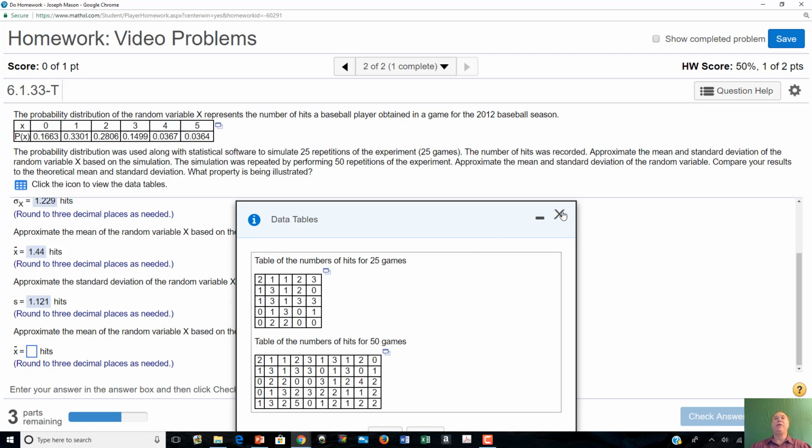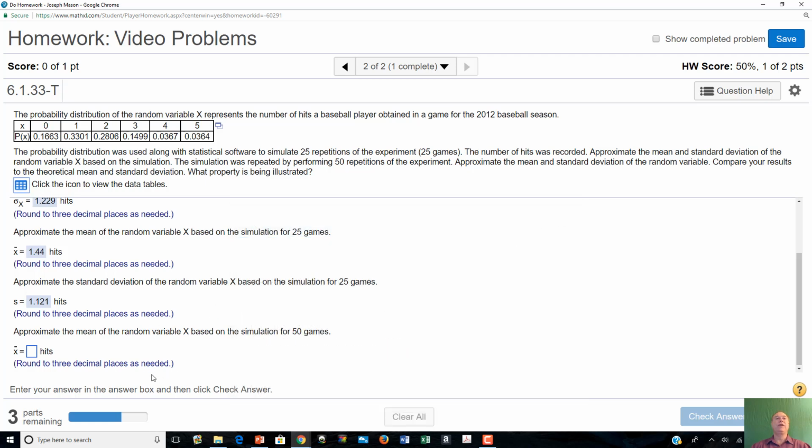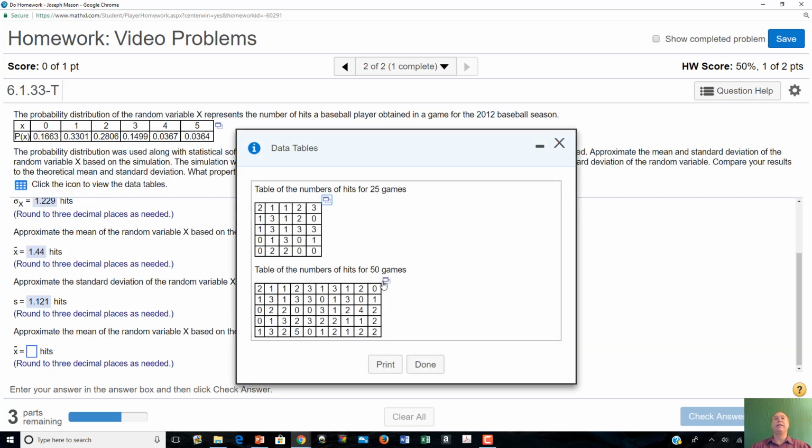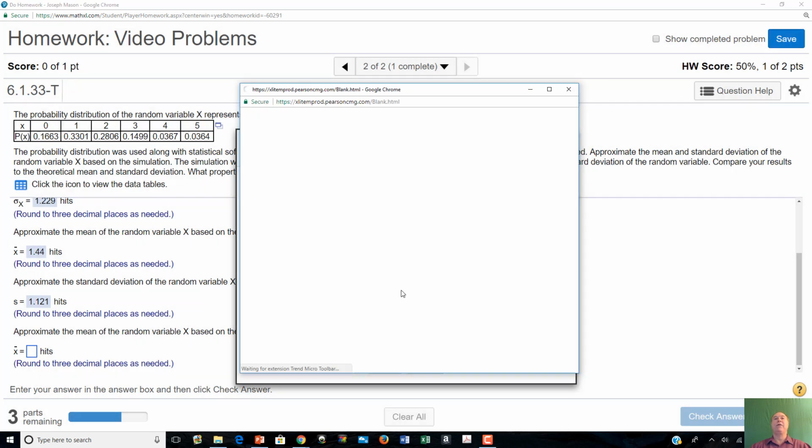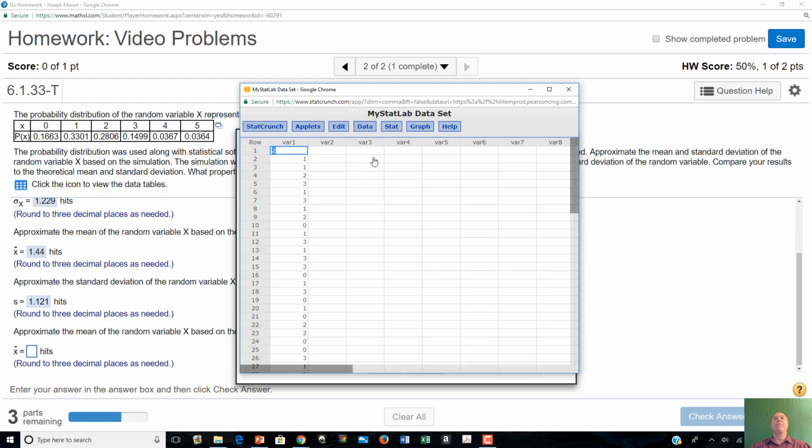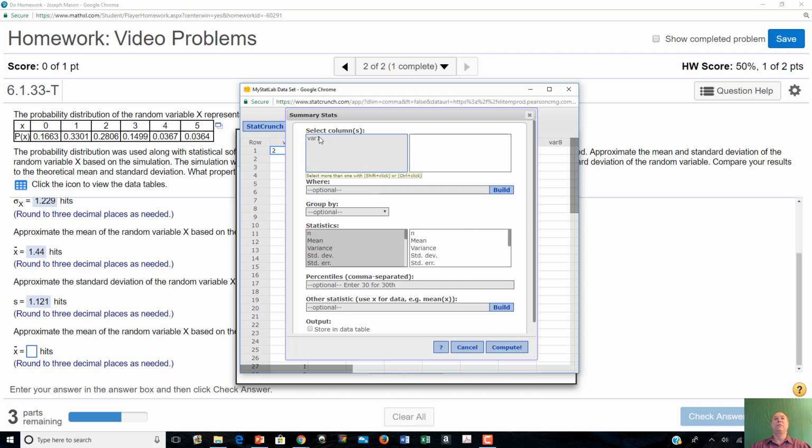Now it wanted me to do the same thing with the set of 50, which I just closed. So I take the set of 50, open in StatCrunch. Do the same thing. Summary stats for the column, variable 1, I want the mean and I want the standard deviation. Compute.